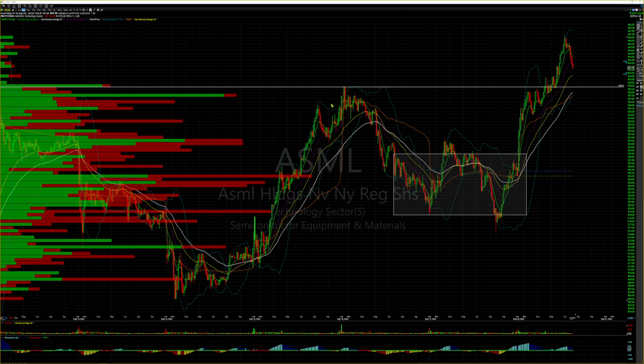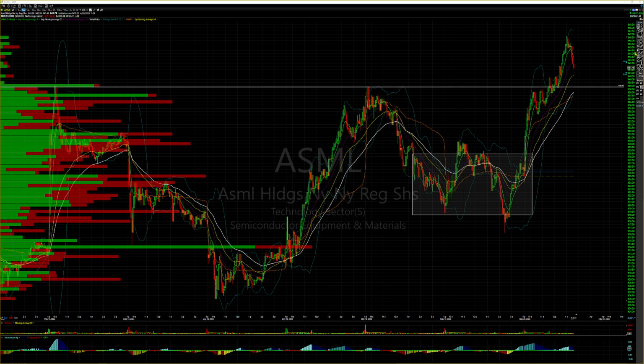That's the whole purpose of VP. And oftentimes what happens is right at this breakout level, you're going to get something on that day that's going to create that similar range. And an example of that is right here on ASML.